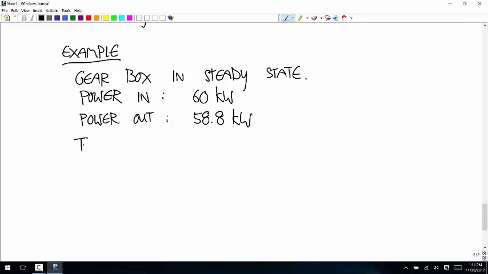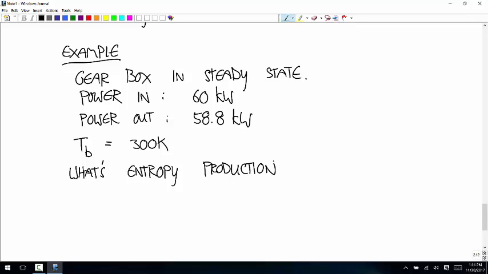And the temperature at the boundary of the gearbox is 300 Kelvin. And we want to know what's the entropy production inside the gearbox.